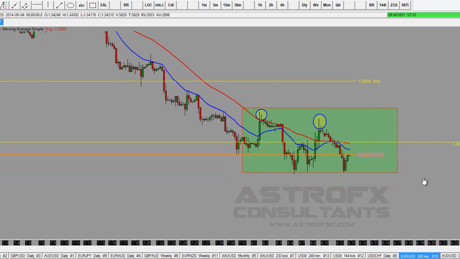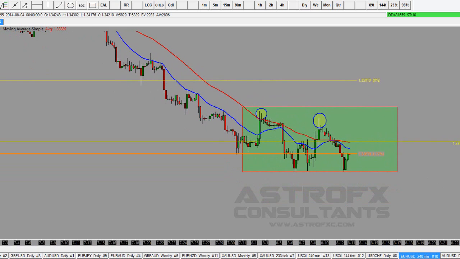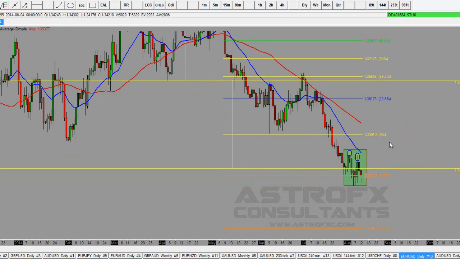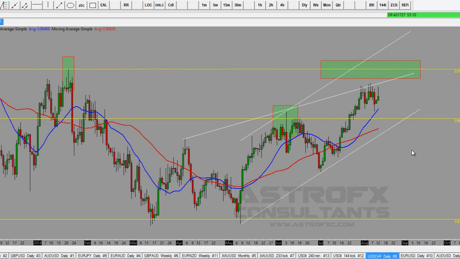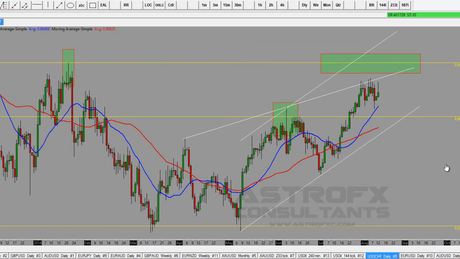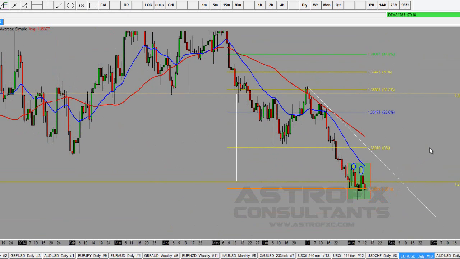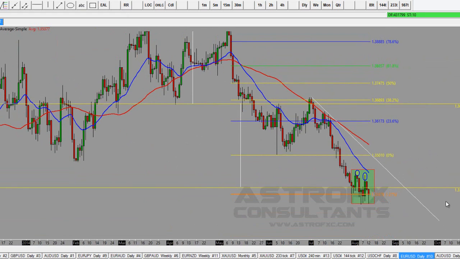Okay, so to the downside again 1.33, which is another 60 odd pips away, but until we see some significant strength or reversal on the euro, a trade setup to the upside could potentially be a breakout retest continuation of this trend line here. And also you've got to keep your eyes on the Swiss franc as well to see what that's doing. So yeah, no trades have been taken this week from me personally. There's not enough clarity in the market to determine directional bias on this pair or any others for that matter.